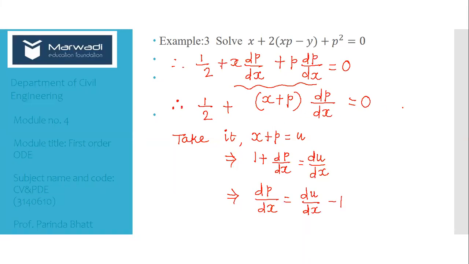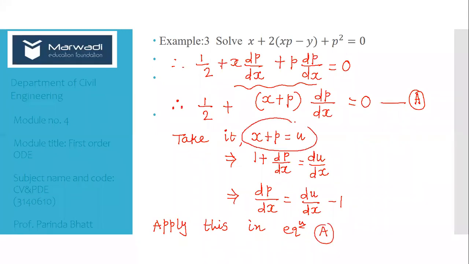Okay. This is equation number capital A. Now apply this in the equation. The value of x plus p equal to u and the value of dp by dx.